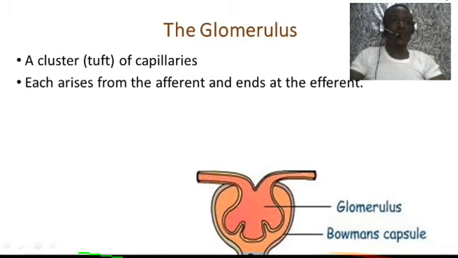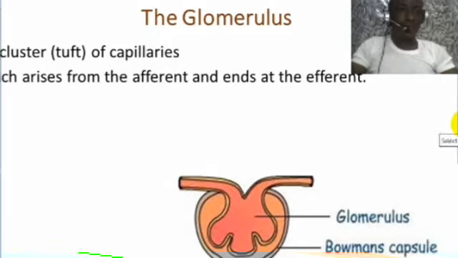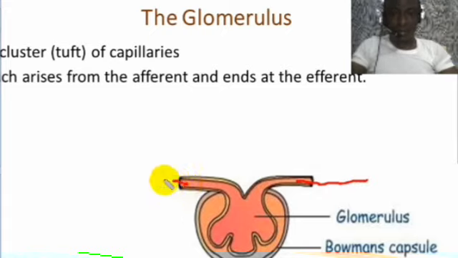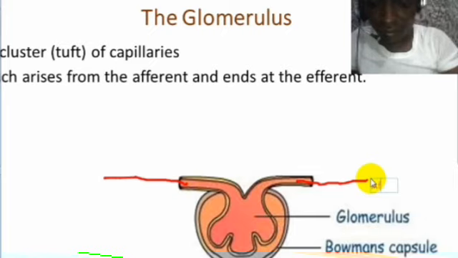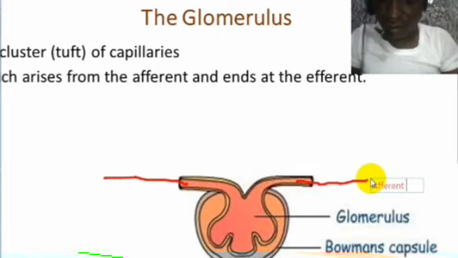Where is the afferent arteriole? Let me show you. This part that looks like a horn. One of them is called afferent. This is the afferent arteriole.